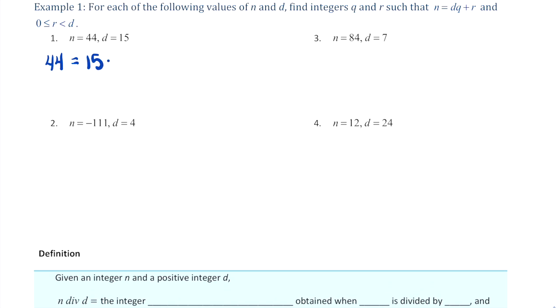So 15 times, beautiful, 2 gives us 30, and then when we add 14, that's our remainder. So this one is our N, this was D, this here is our Q, and the 14 is our remainder.